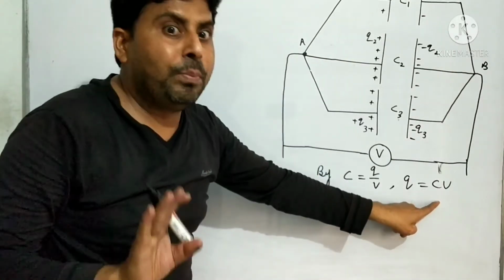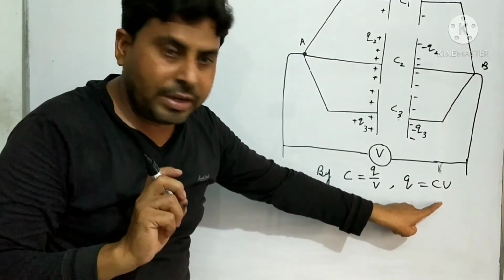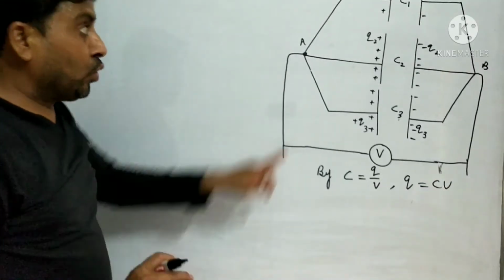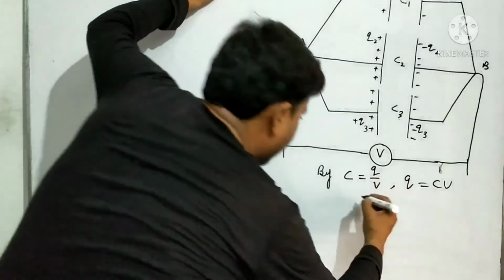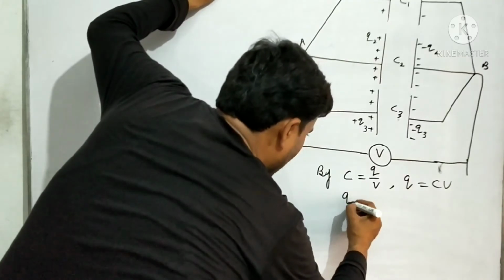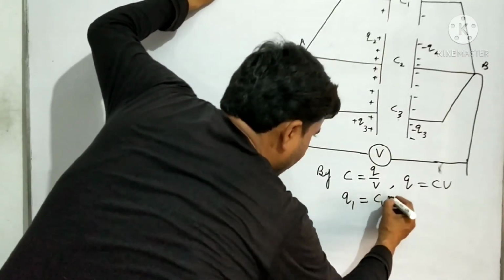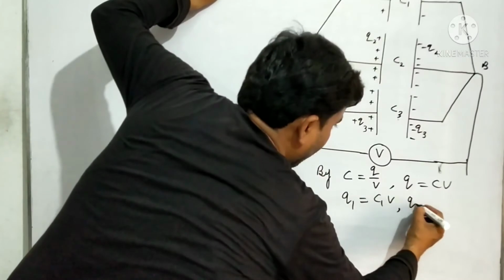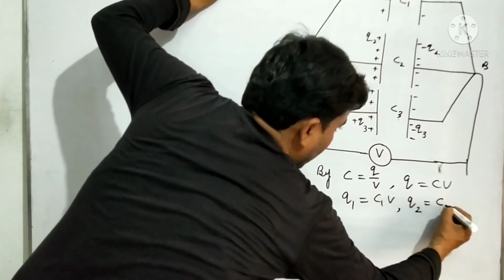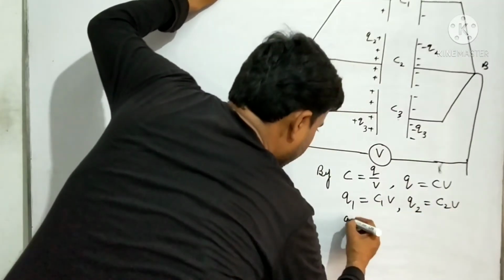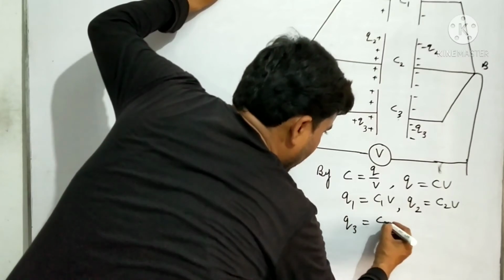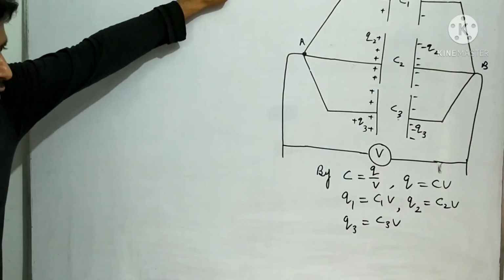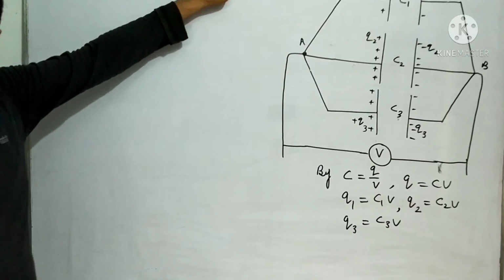This is the basic formula for a capacitor in terms of charge and potential difference. So for the first capacitor, Q1 equals C1V, for the second Q2 equals C2V, and Q3 equals C3V. These are three equations for Q1, Q2 and Q3.